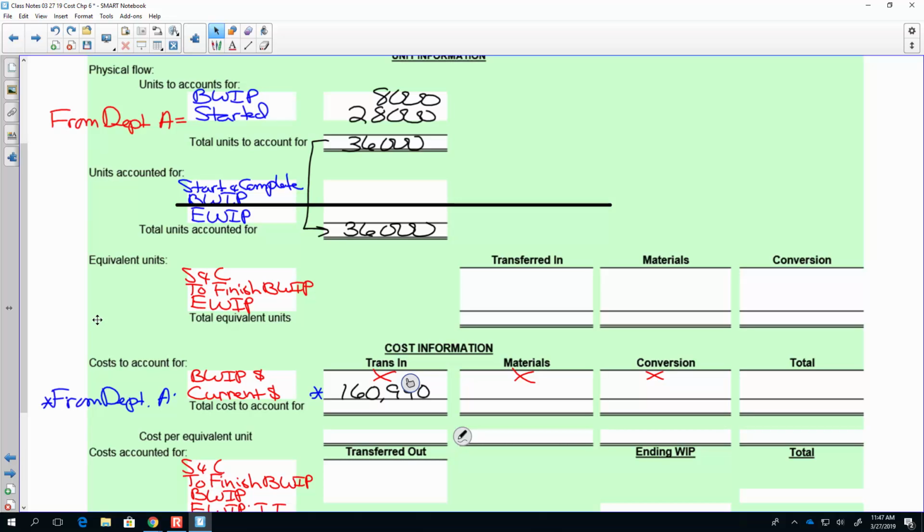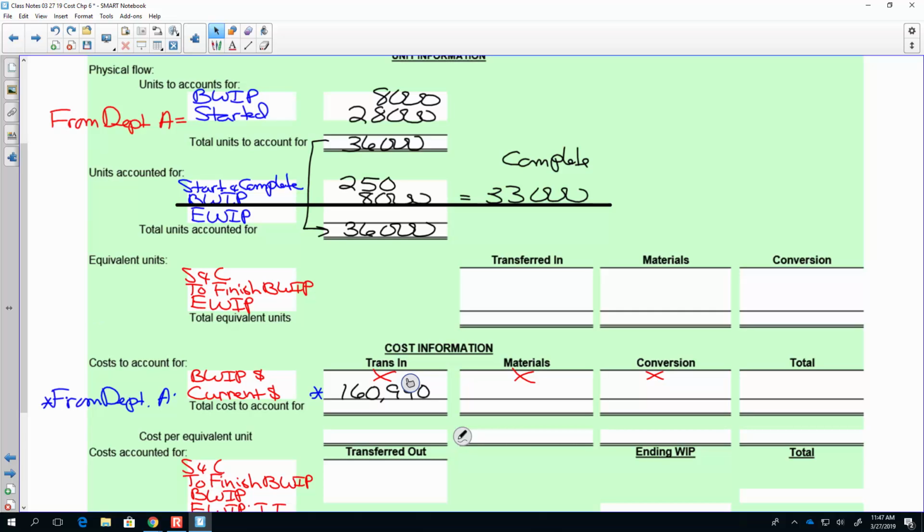How many units did we complete? 33. So the sum of these two, right, has to equal the 33. So beginning WIP were 8,000. So what must be my started and completed then? 25.